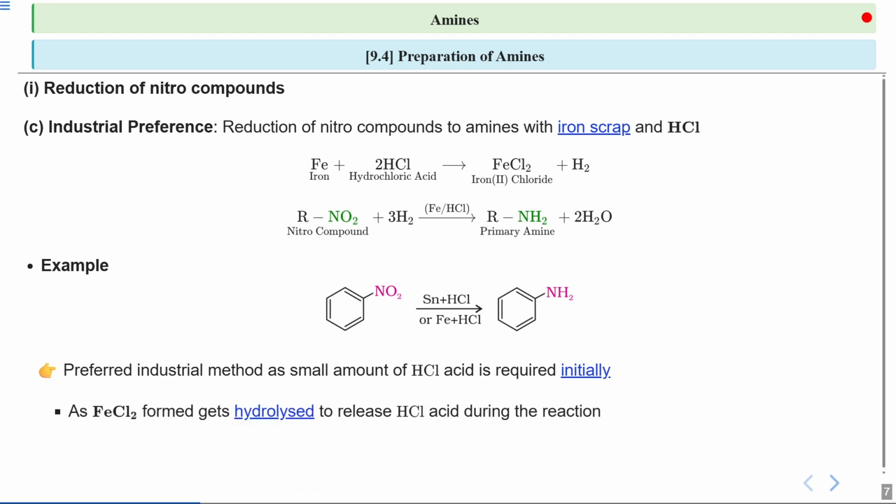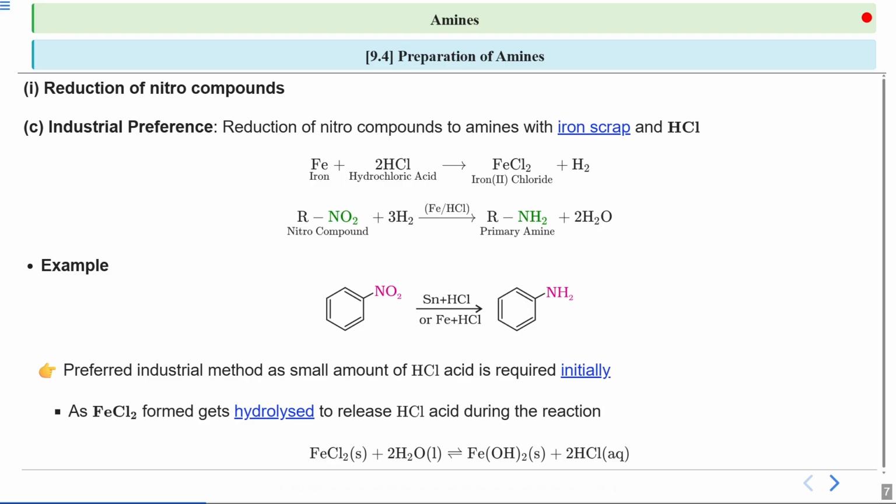Now, as FeCl2 is formed, it gets hydrolyzed to release HCl during the reaction. If you look at this reaction, you will see FeCl2 solid plus water reversibly forms Fe(OH)2, which is a solid, plus 2 HCl.